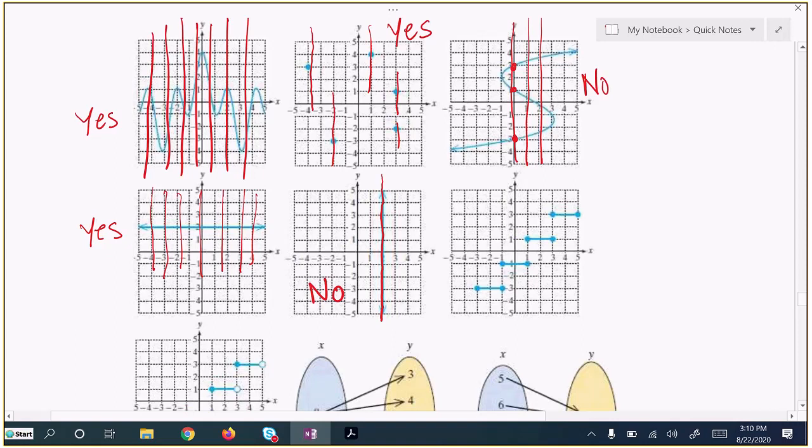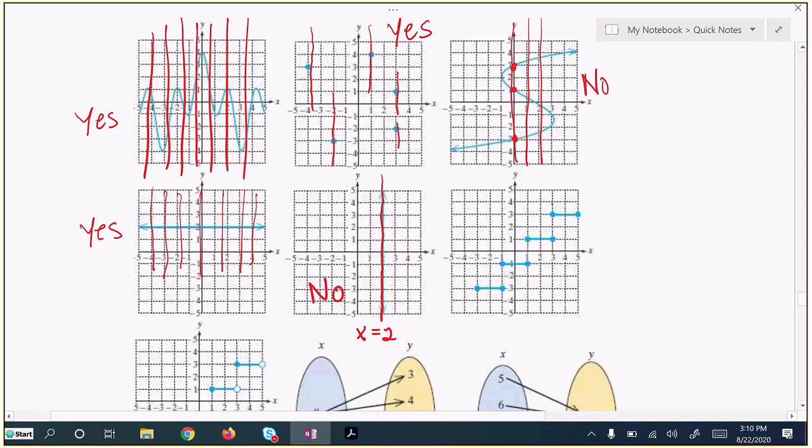It is a relation, and this is actually an important type of relation to know because any vertical line can be expressed as X equals, so in this case 2. So X equals 2 is a nice equation. It gives us a nice graph, but it's not a function. All right, what about this one?